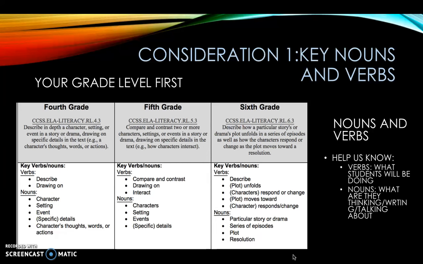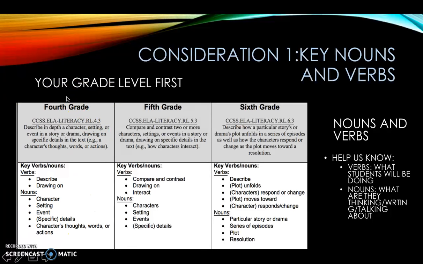Once you have gone through the key nouns and verbs for your grade level, which in this case is 5th grade, you'll want to use the same process to look at the grade level below and above the current standard you're looking at. This helps us really see how the standard changes and grows over time. So if we look at this example, there are some key differences.